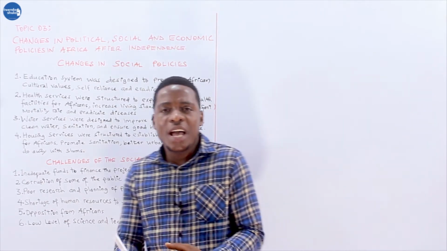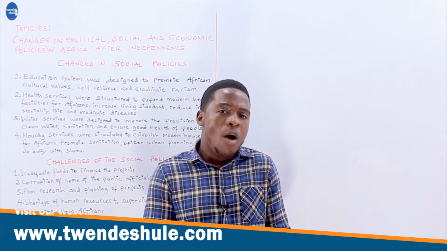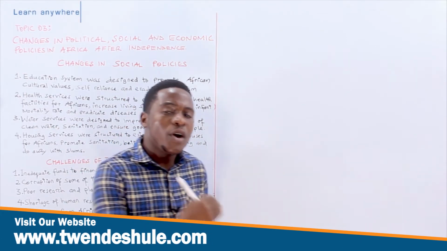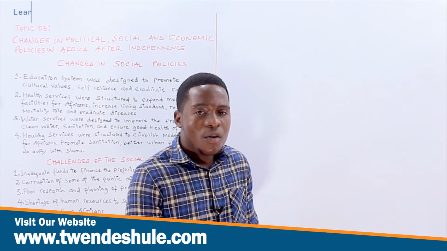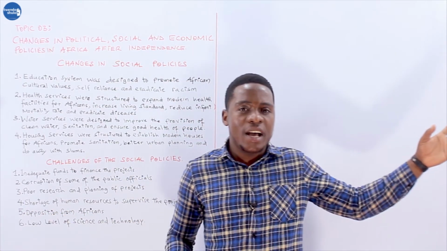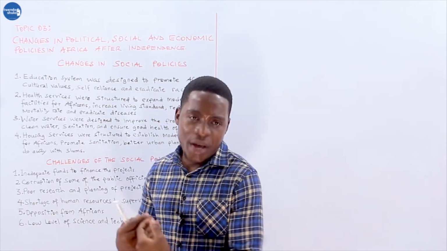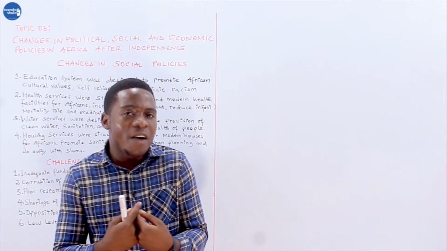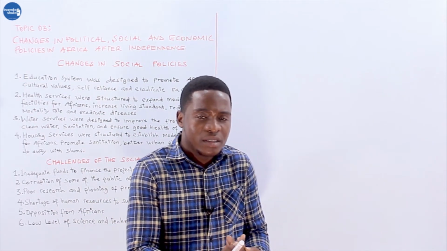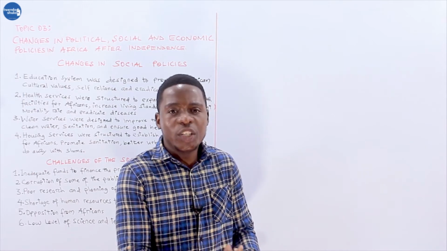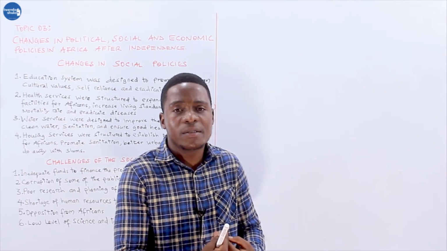Remember, during colonial time, the Africans were segregated and discriminated against in the provision of health services. For instance, in Kenya, the settlers were provided with better health services, while the Africans suffered in the provision of health services.